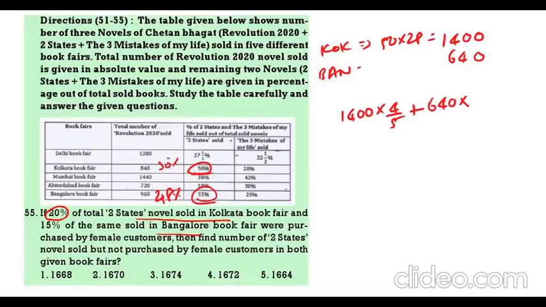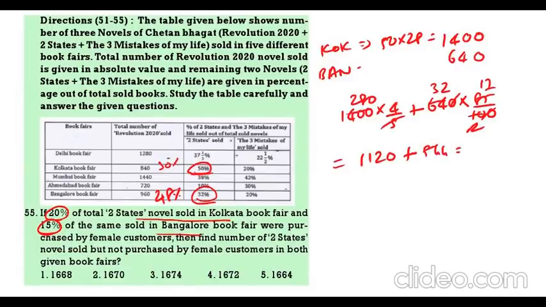Out of 640, 15% are purchased. That means 85% is not purchased. Now, this is 1120. This is 544. Totally, we are going to get 1664.